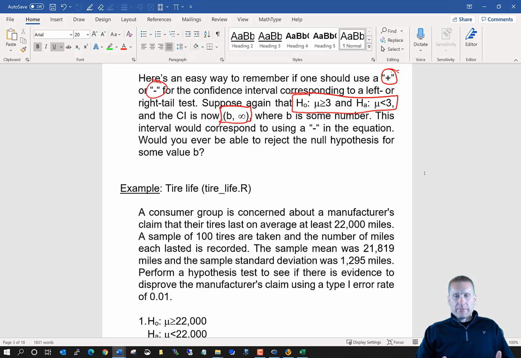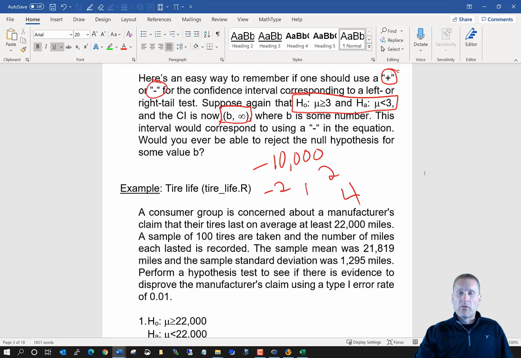Now note here that if B was, let's say, negative 10,000, would we reject? Well, no, because mu greater than or equal to 3 is inside the interval. Suppose B was negative 2, would we reject? No. Suppose B was positive 2. Would we reject? No, because mu greater than or equal to 3 is inside this interval.